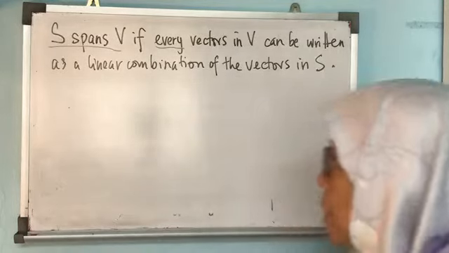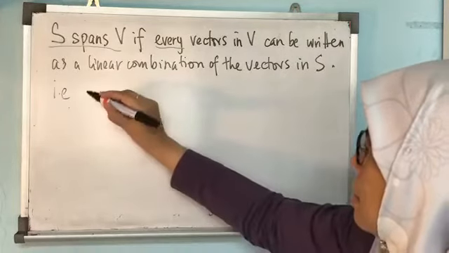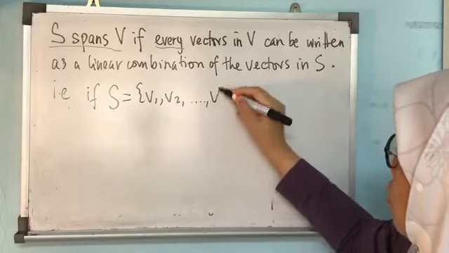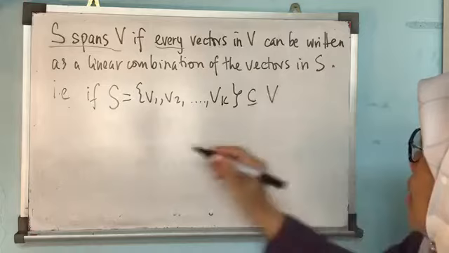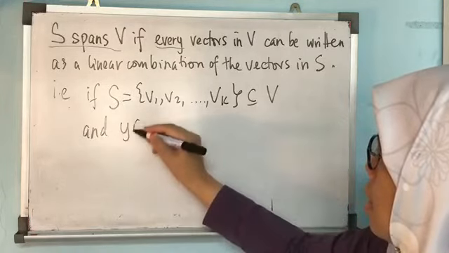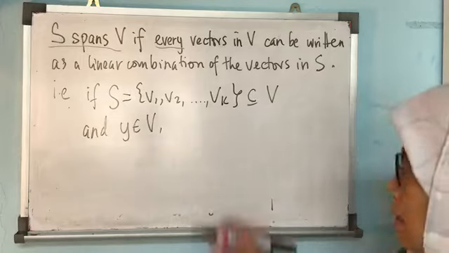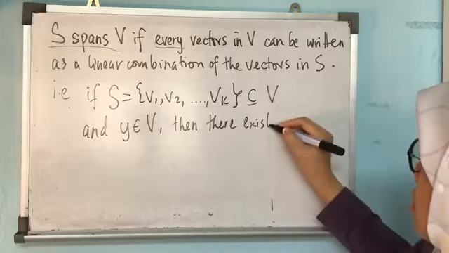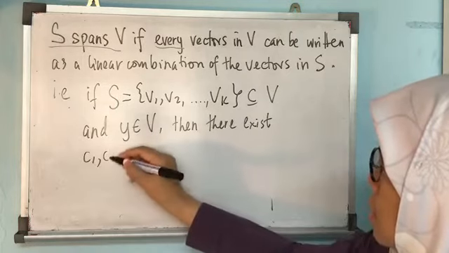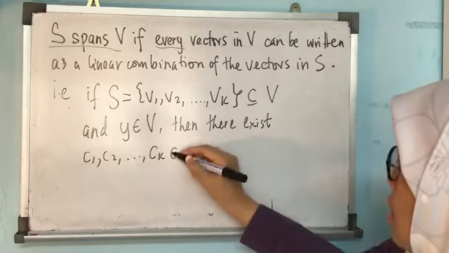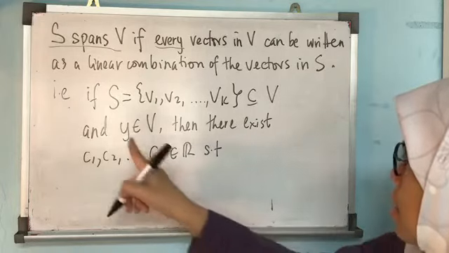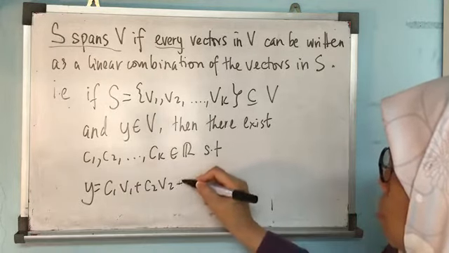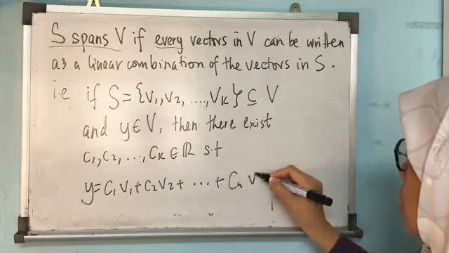Okay, that is, if S is V1, V2, Vk in V and Y in V, then there exists C1, C2 up until Ck in R such that Y equal C1 V1 plus C2 V2 plus Ck Vk.